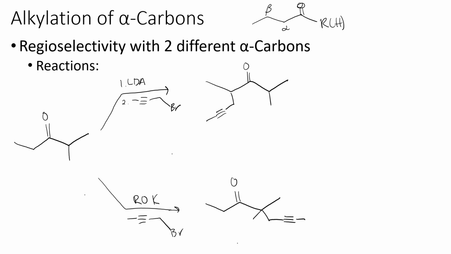So going back to talking about this under kinetic or thermodynamic control, the LDA reaction is really what we call the kinetic control. The pKa of an alpha position is approximately around 20, depending on what else is in the compound.